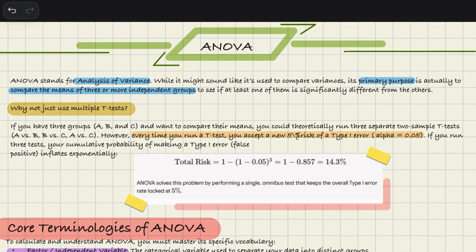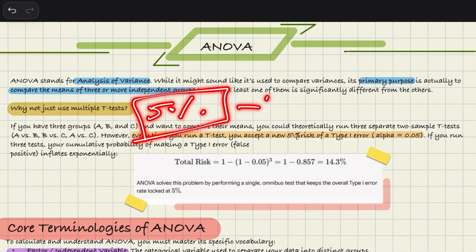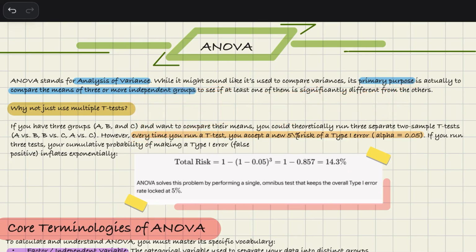Remember our discussion on errors: every single time you run a t-test, you accept that there is a 5% risk of committing a type 1 error, that is a false positive. And if you run these 3 independent tests, your risk doesn't stay at 5%. They accumulate.